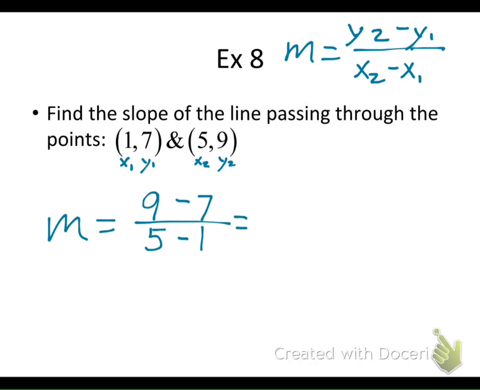Thankfully. What's 9 minus 7? 2. Thank you. And 5 minus 1? 4. And that can be reduced, right? By 2. Divide top and bottom by 2. Equals 1/2. That's our slope.